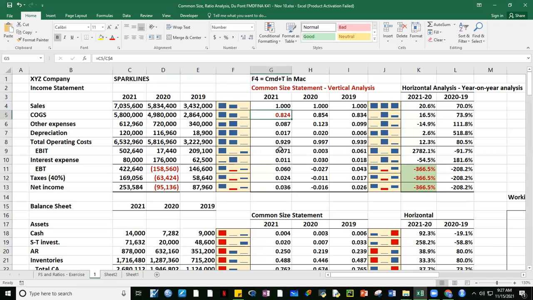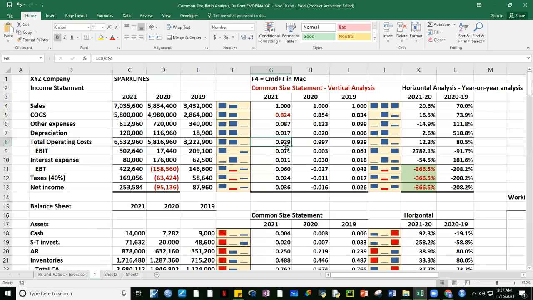We take a look at this in relation to the other costs. For example, 82.4% means for every peso of sales, the company is spending 82 centavos to make the product. And then for all the operating cost, it costs the company 93 centavos.